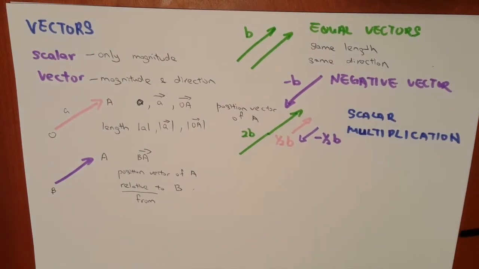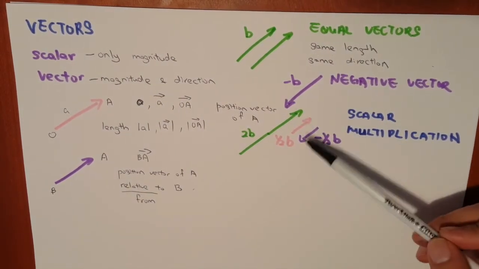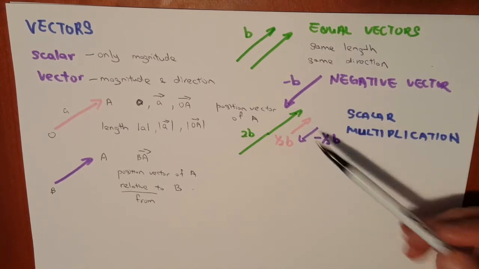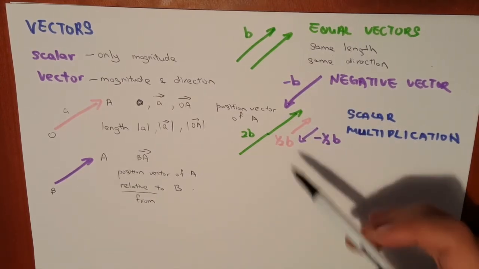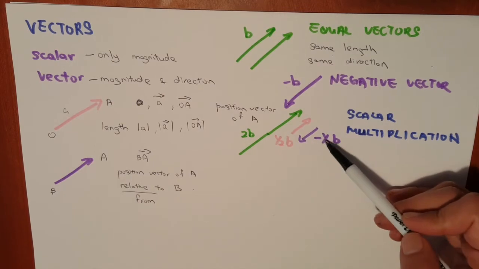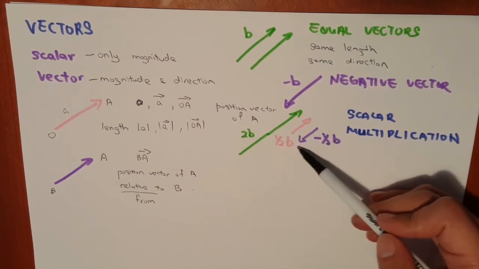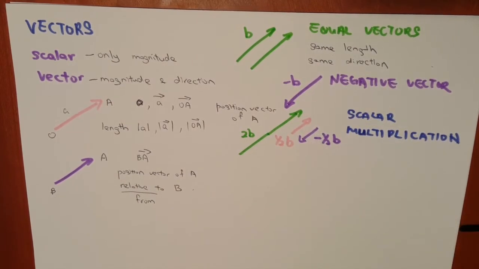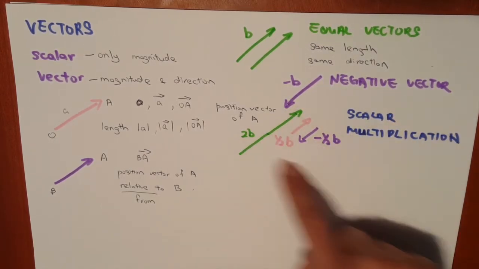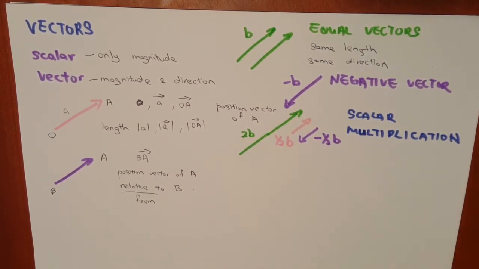For a vector in the same direction but half the length, we call this half B. And if it's half the length and in the opposite direction, it's negative half B. The idea behind this is called scalar multiplication of a vector.